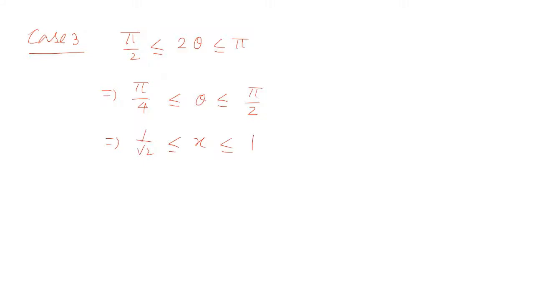When pi by 2 is less than or equal to 2 theta less than or equal to pi, dividing by 2, it will be pi by 4 less than or equal to theta less than or equal to pi by 2 only. Then take sine on all sides. Here it will be 1 by root 2, this is sine theta and it can be replaced by x, and that is 1 only. So the condition on x is this.